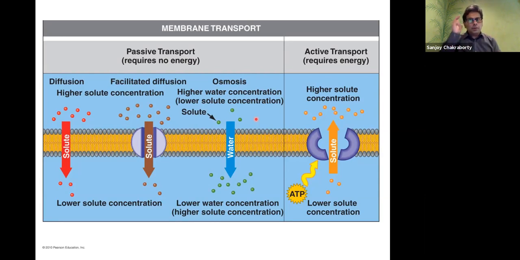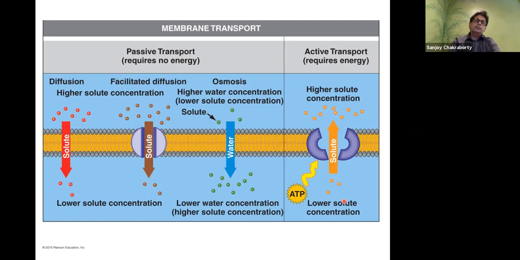But in this case, in our mind, we're going to remember water is the one that is moving. So that's passive transport, no energy required. Active transport, they're moving from lower to higher solute concentration, so against the concentration gradient, and they require ATP. They also require protein molecules which help them to move, and there is more detail coming up later on.